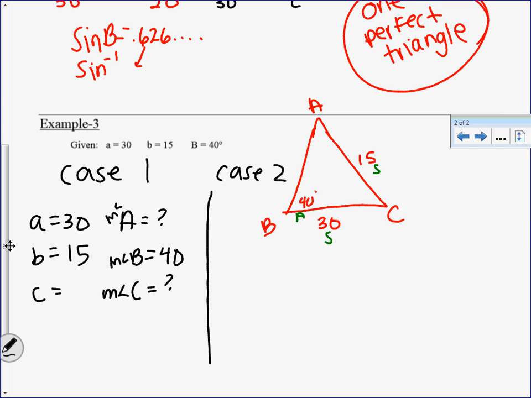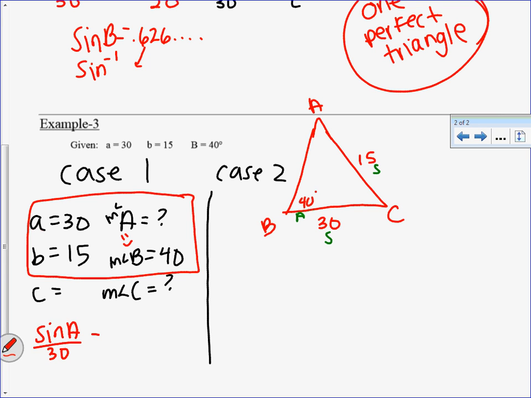Okay, which one is your ambiguous angle? Look at your matchups. Who do you have right now that you are missing and you can actually find? I can't find any of my C's. I know nothing about them. So I'm going to go to A. That means A is my ambiguous angle. Okay, so I'm going to go ahead and write this as sine A over little a, which is 30, equals sine 40 over little b, which is 15.